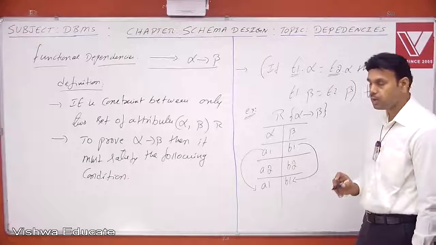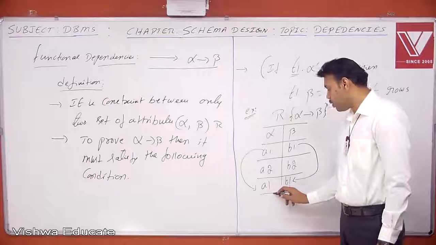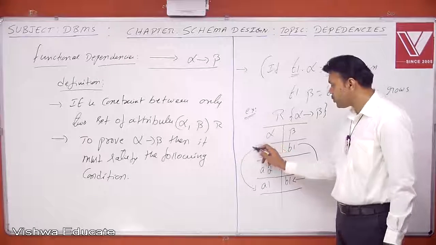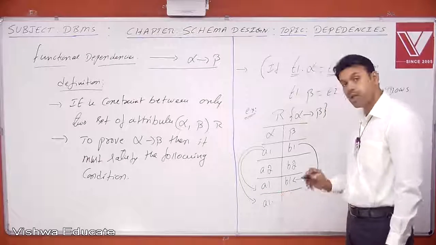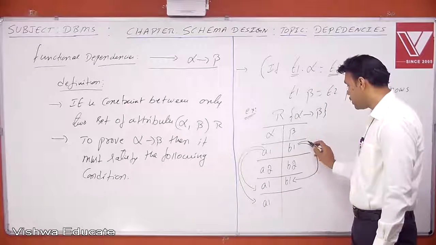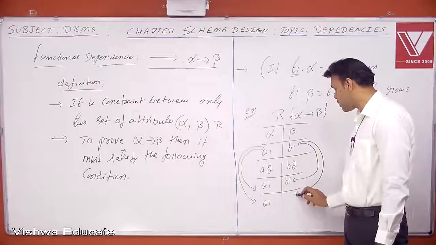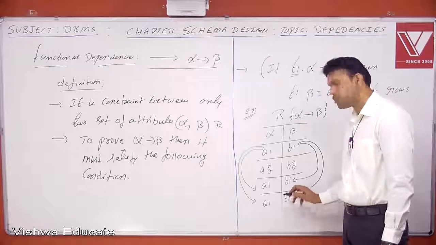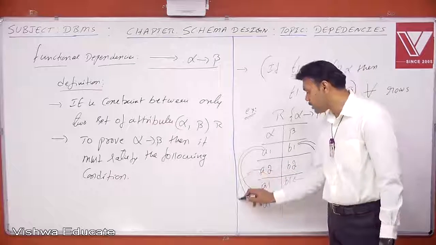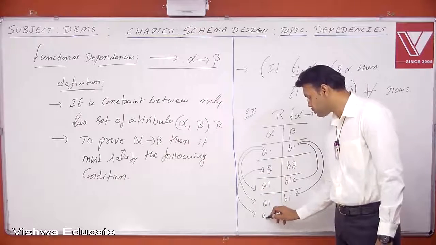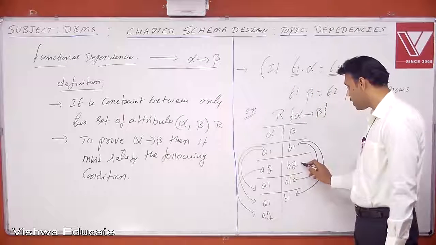You understood? Now once again, if I repeat A1, what has to repeat? Its corresponding value has to repeat once again to prove alpha tends to beta. If I repeat A2, what has to repeat? Can you guess?